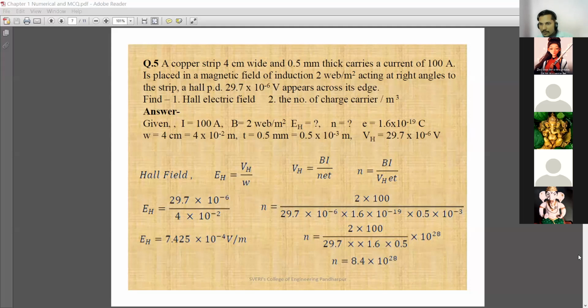I will check the absent numbers. Roll number 10, 15, 20, 27, 29, 30, 32, 35, 37, 38, 49.